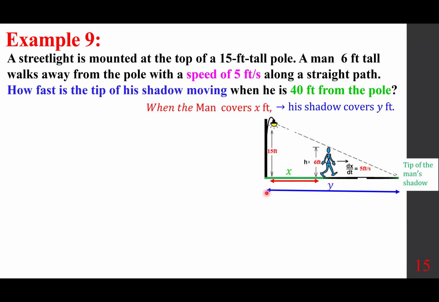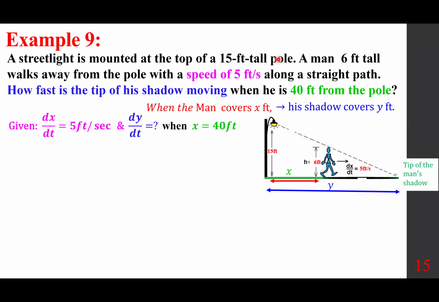The tip of the shadow covers from where he started all the way to here. Therefore, given dx/dt is 5 feet per second, dy/dt is missing when x is 40 feet. x is the distance from the pole.